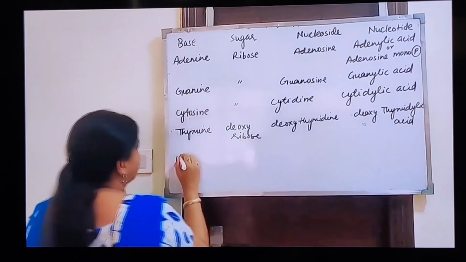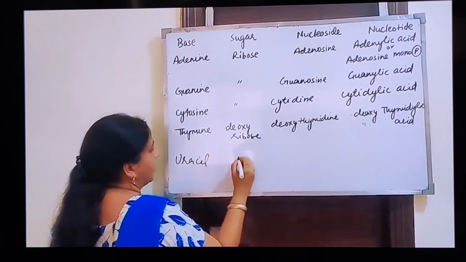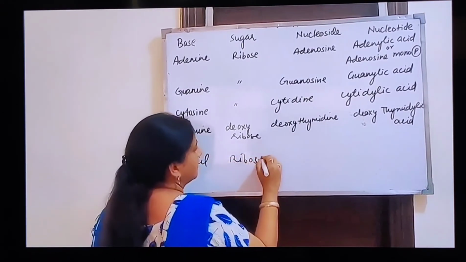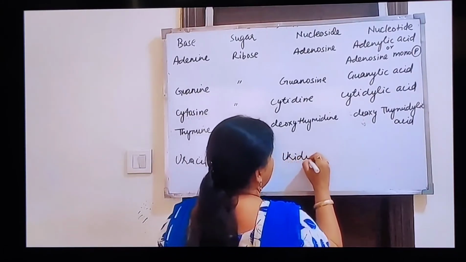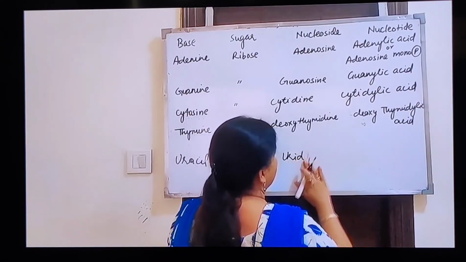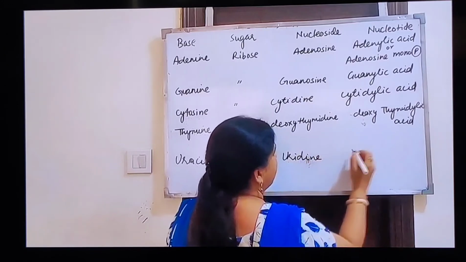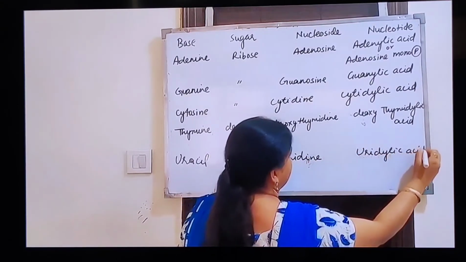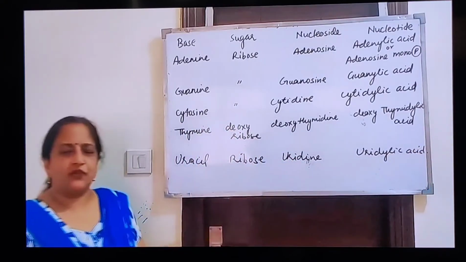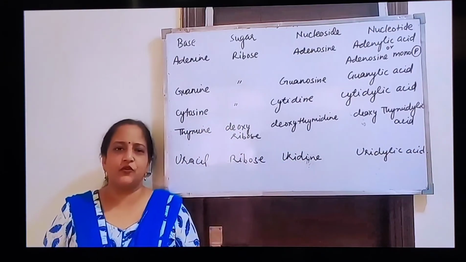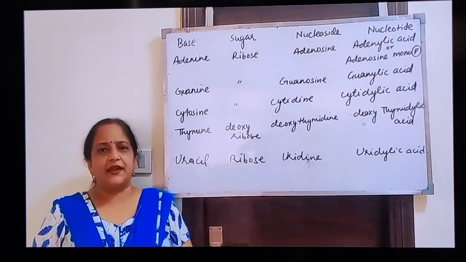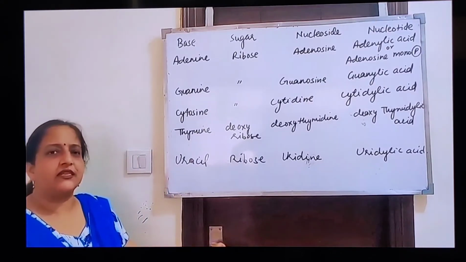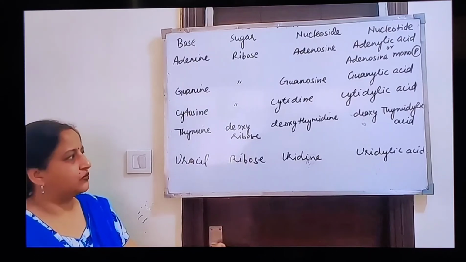Similarly, if I take uracil and ribose sugar, then the nucleoside will be uridine and the nucleotide will be uridylic acid. So in this way you can write the name of nucleoside or nucleotides depending upon the number of phosphate groups attached and the type of sugar attached, whether it is ribose sugar or deoxyribose sugar.